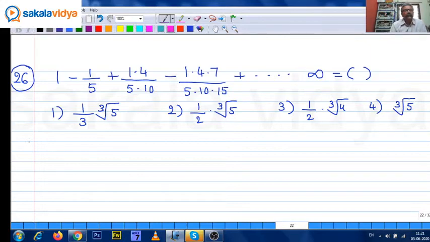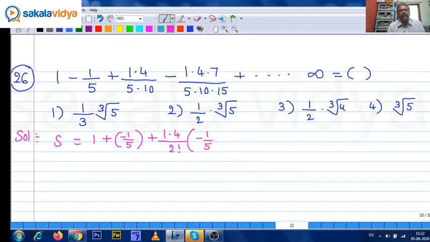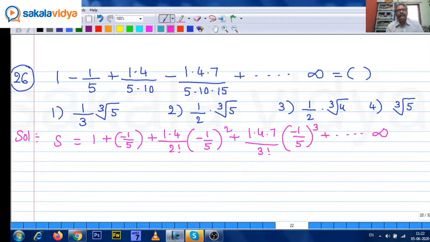First let us say S is equal to 1 plus (minus 1 by 5), plus 1 into 4 upon 5 into 2, that is 2 factorial, into (minus 1 by 5) whole square, plus 1 into 4 into 7 by 3 factorial times (minus 1 by 5) whole cube, and so on to infinity.